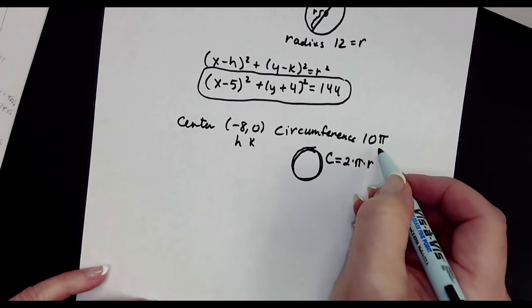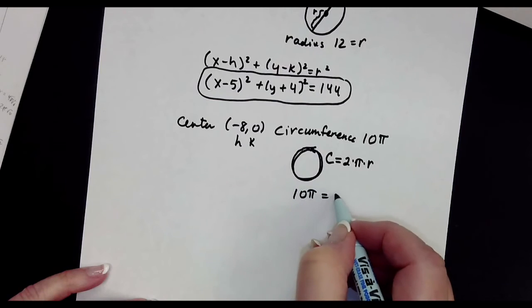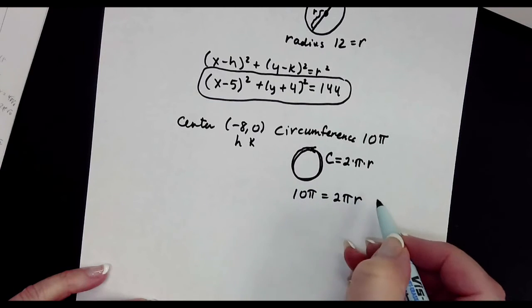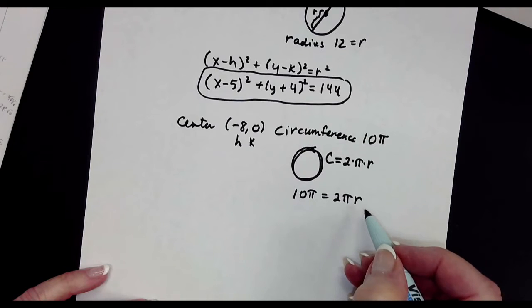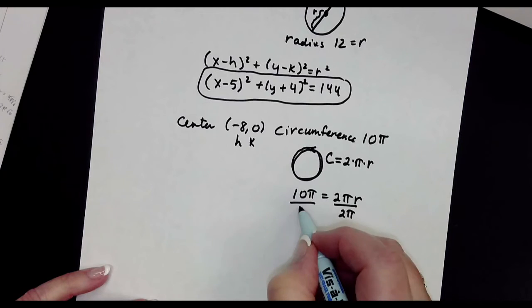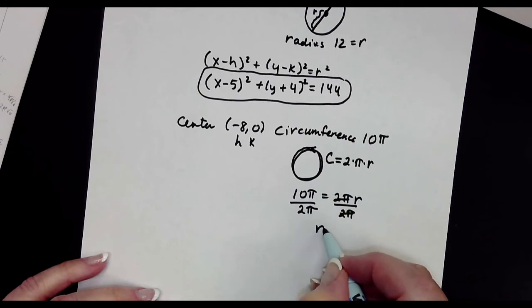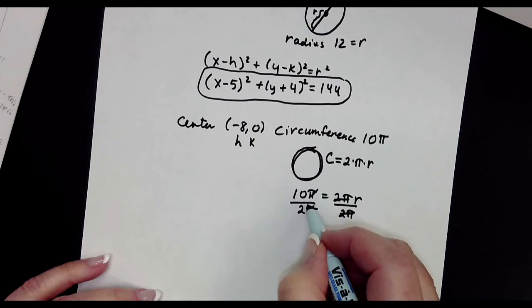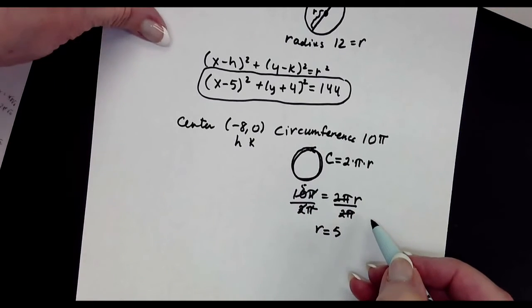So if this one's circumference is 10 pi, I set 10 pi equal to 2 pi r, and then I solve for r, then that's going to tell me what my radius is. So I'm going to divide both sides by 2 pi. So the 2 pi's cancel out, and I get r equals, the pi cancels, and the 2 cancels with the 10 and gives me 5. So r equals 5.